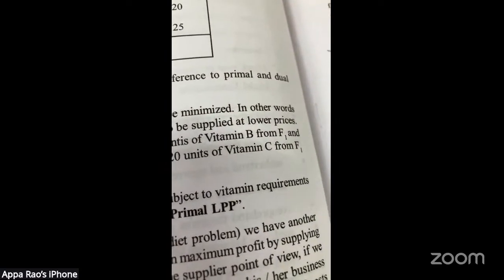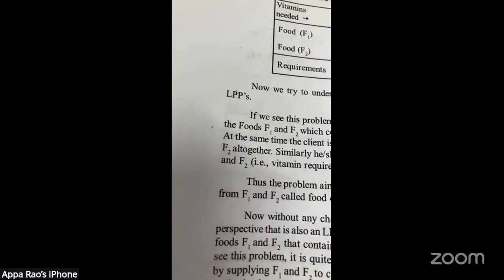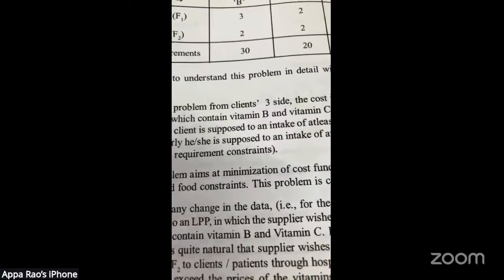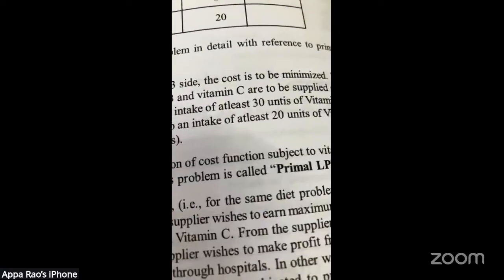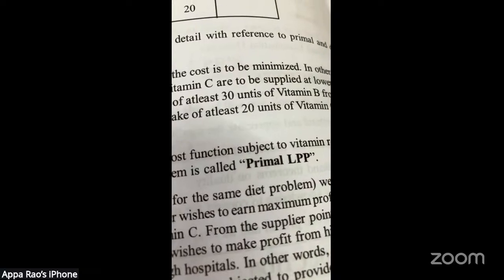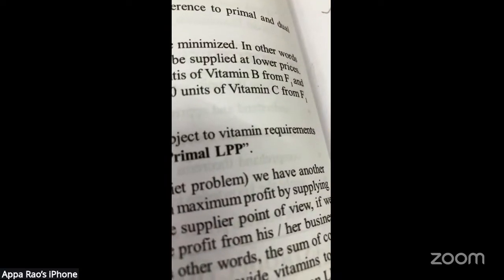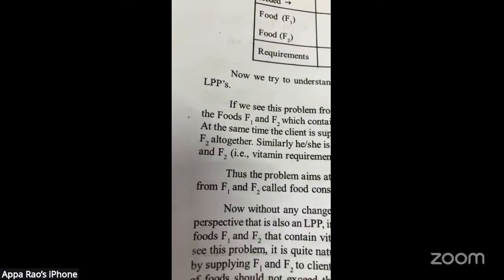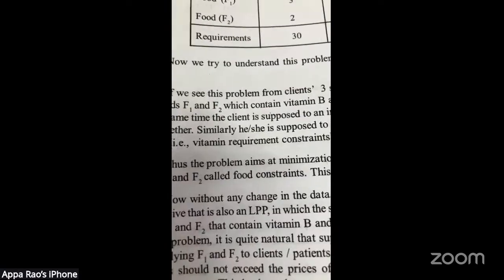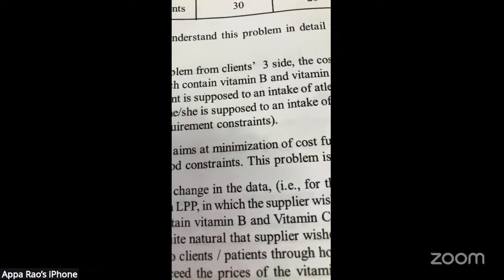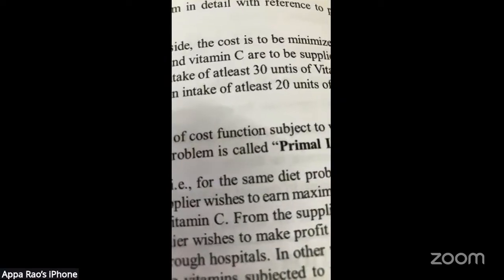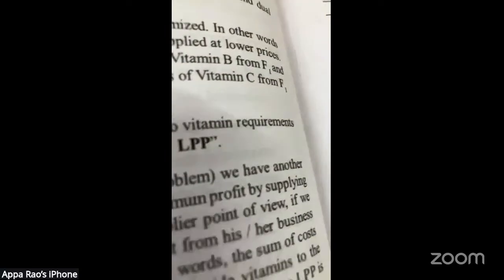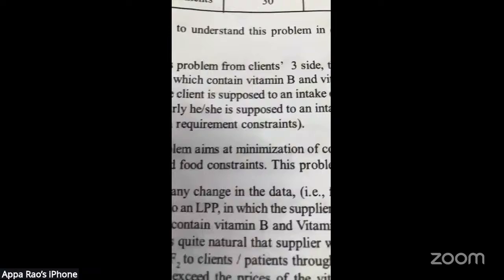With reference to primal and dual LPPs, from the client's side, the cost is to be minimized. In other words, the foods F1 and F2, which contain vitamin B and vitamin C, are to be supplied at lower prices.